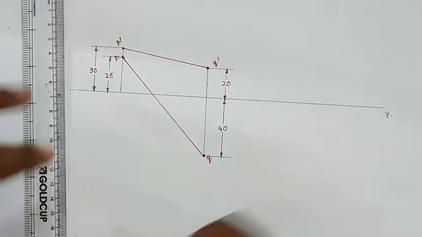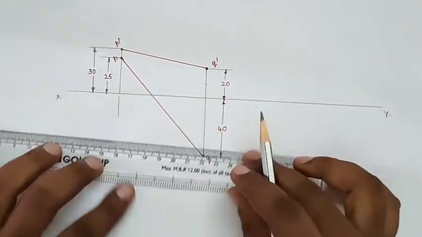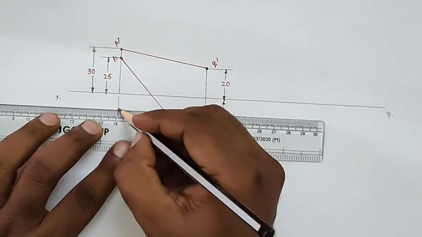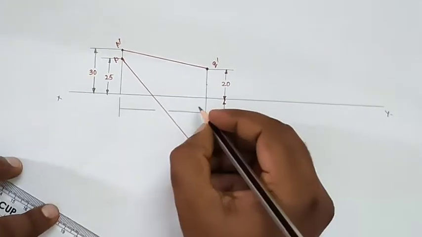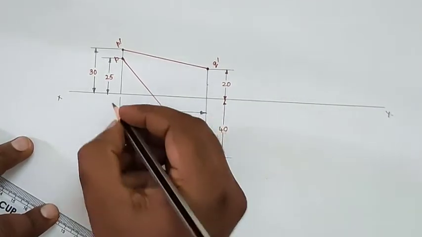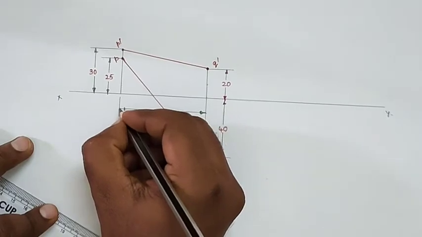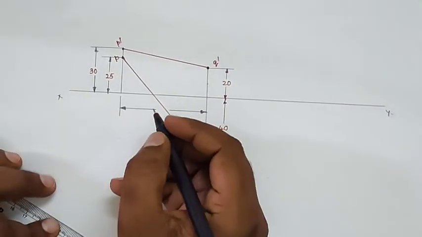They are giving the distance between the projectors also, so you can represent that dimension in our problem. This dimension is 60 mm.